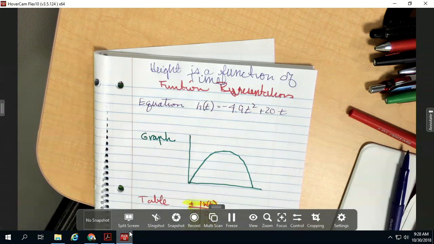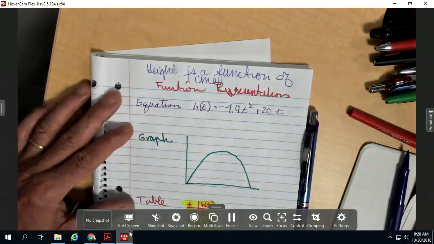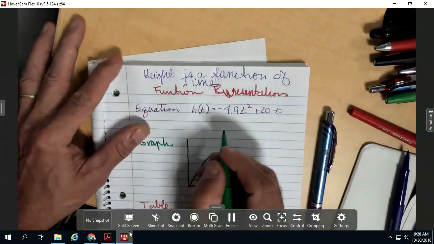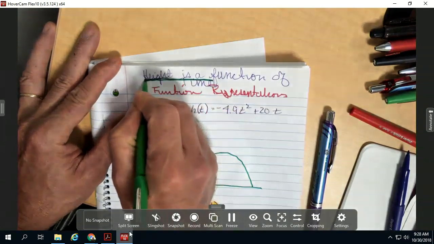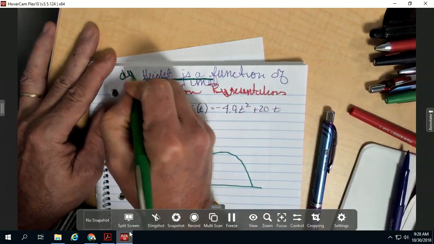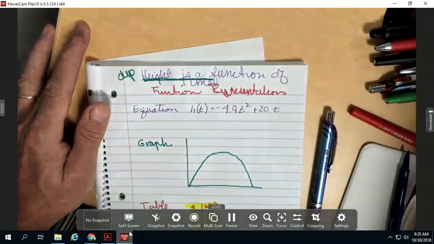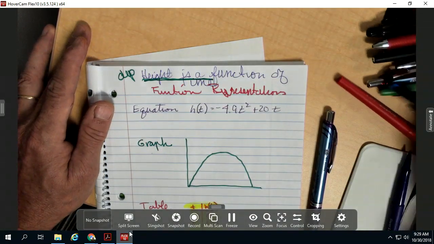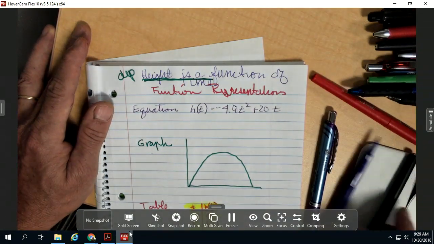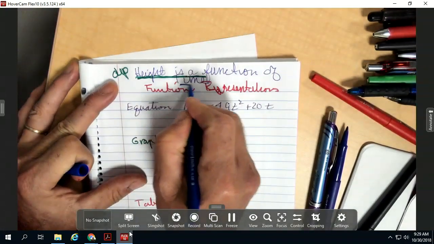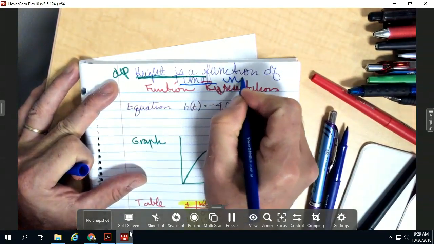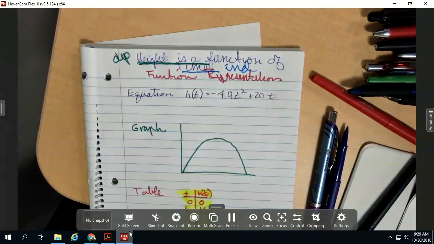And I'm getting out height. So when you see the words height is a function of time, the word before the word function is the dependent variable. The stuff after the word function is the independent variable.